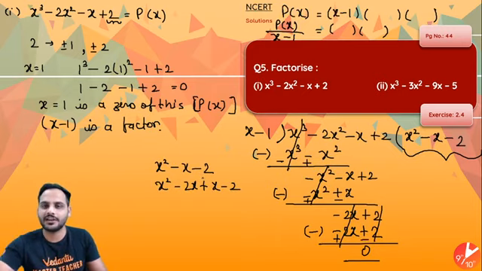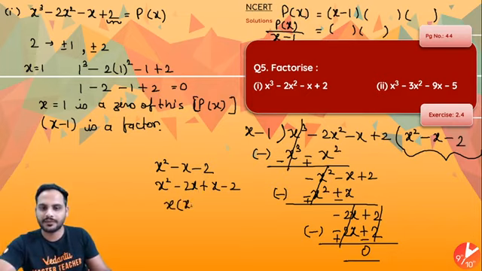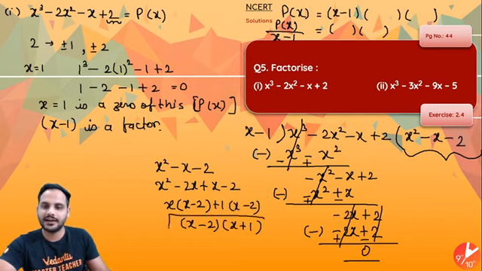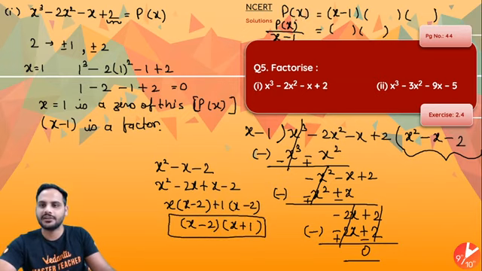Factorization of the quadratic equation using splitting the middle term. So take x common, x minus 2, and here take plus 1 common, x minus 2. So take x minus 2, you are getting x plus 1. So these are your remaining two factors. So this px, this polynomial will be written as x minus 1 into x minus 2 into x plus 1.